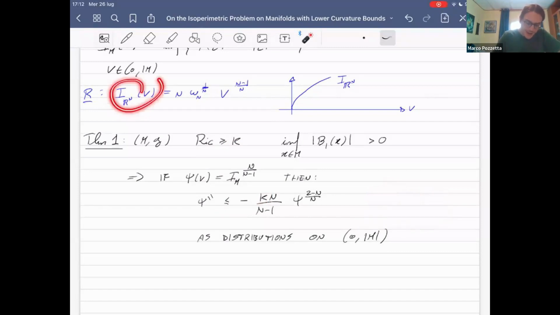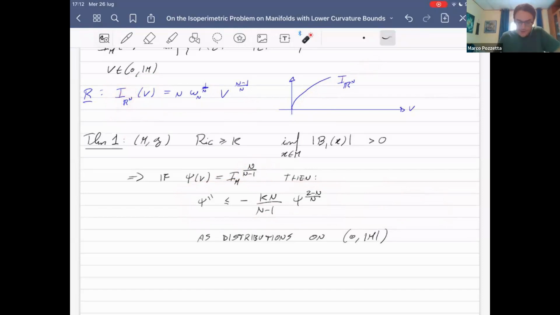In fact, if you raise the isoperimetric profile of Rn to this power, it becomes a linear function. So precisely in that case, the second derivative is 0. And this also tells us that this inequality is sharp, right? Because equality is achieved in the case of Rn.